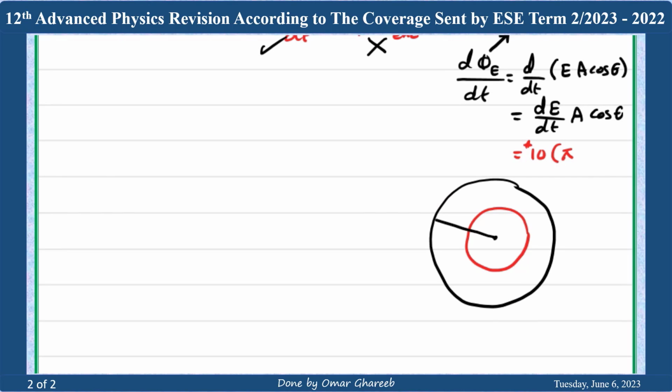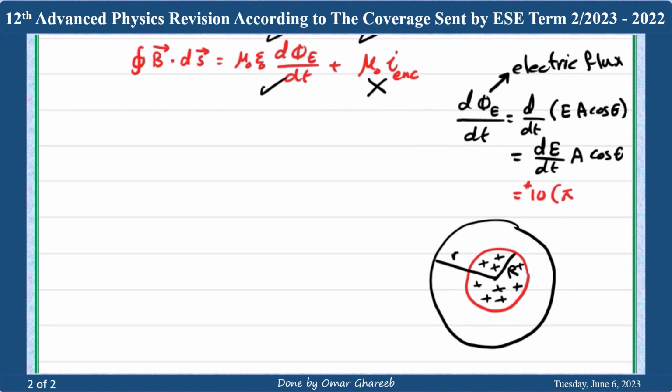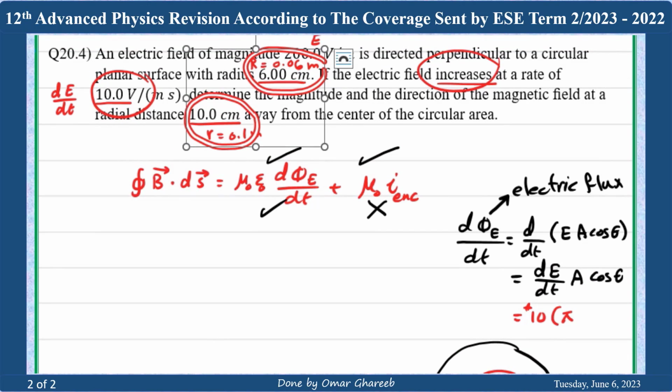So this is r small and this is R capital. The electric field is only in this area, suppose it is positive, and the flux is only in this area. As we mentioned before, take the smaller area. So here we put the small radius.